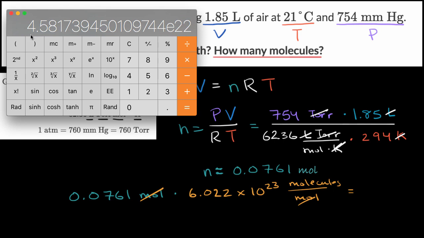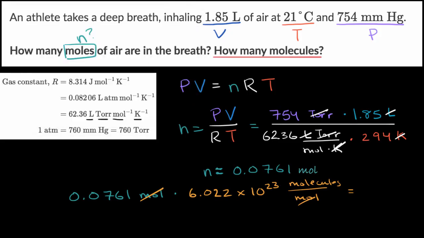If I round to 3 significant figures, because that was my limiting number of significant figures, I have 4.58 times 10 to the 22nd molecules. Squeeze that in there. And we're done.